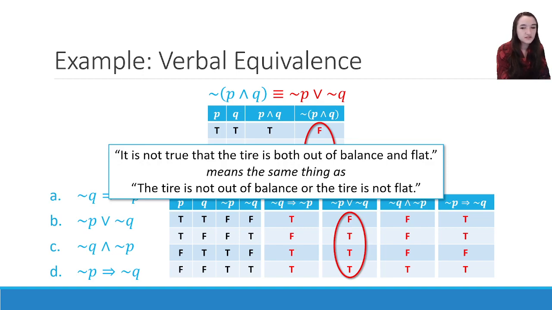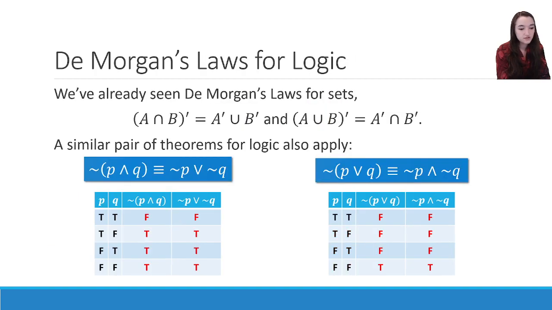So, this is actually a very important principle that we've seen before. We just saw it in a different way. This is De Morgan's law. So, we saw De Morgan's laws for set theory before, where we had our intersection, the opposite of an intersection is then a union, and then the opposite of a union is then an intersection, right?